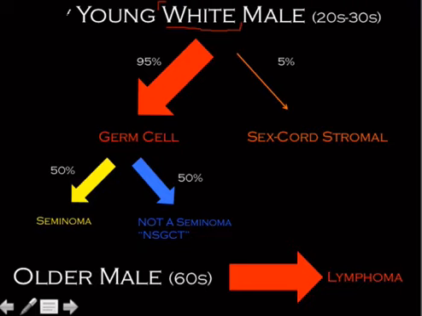Older people, the 60-year-olds that get lymphoma, have no racial preference. So notice I didn't say that he was either white or black or orange or green here, but I did mention it there, and that was done to help you. So white people get testicular cancer.